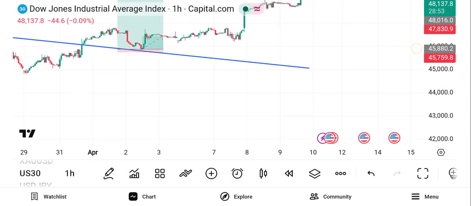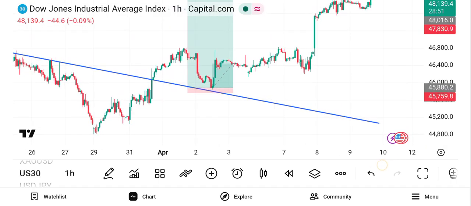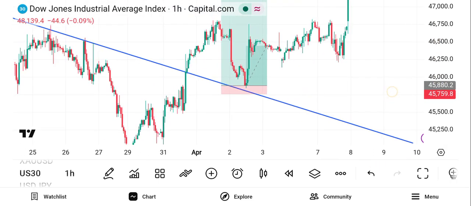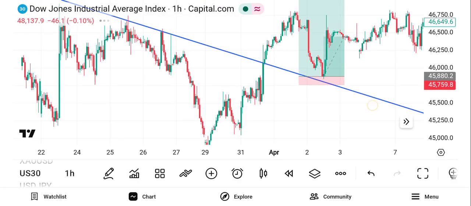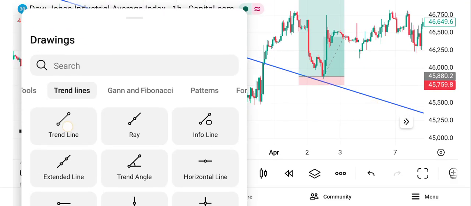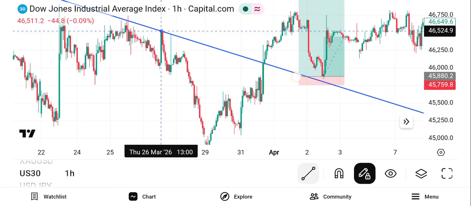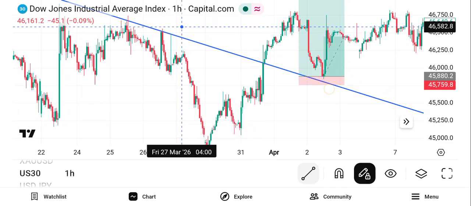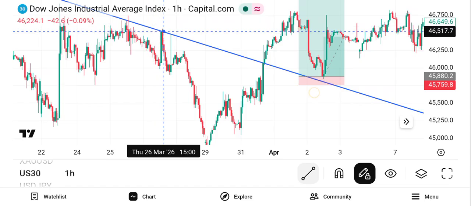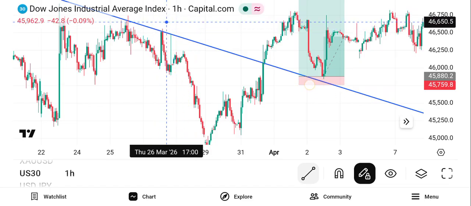All right, so this is the 1 hour time frame. Since you already know market structure shift has occurred on your 4 hour time frame, you now begin to check.